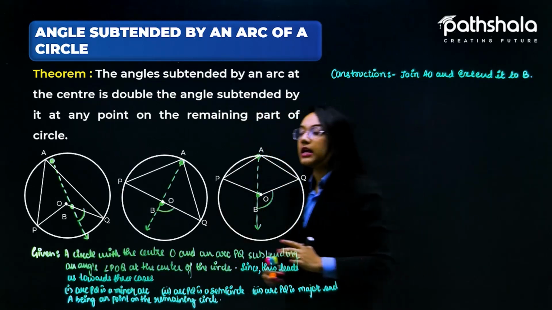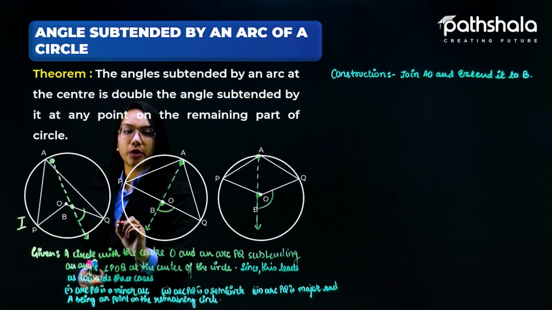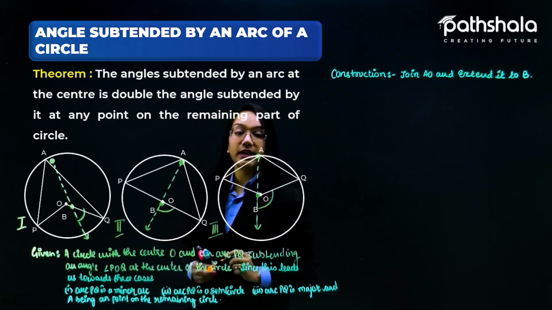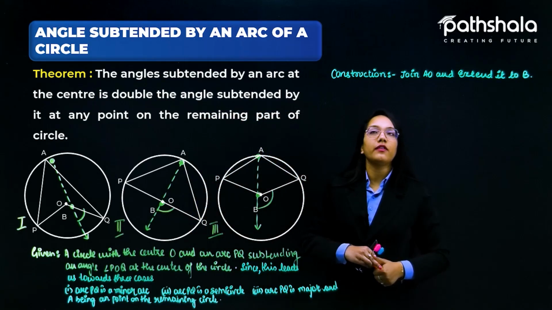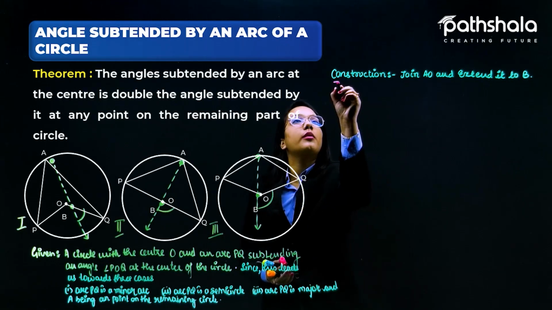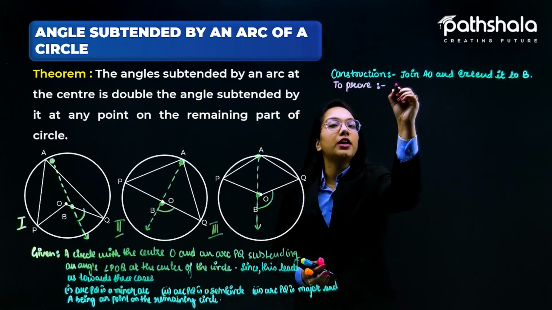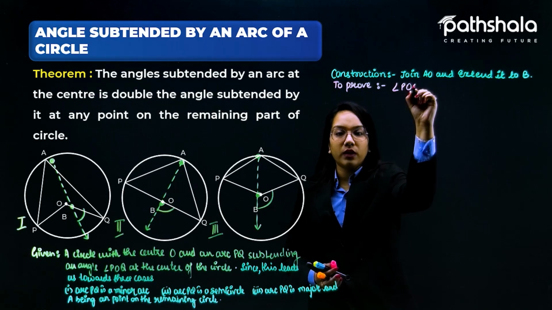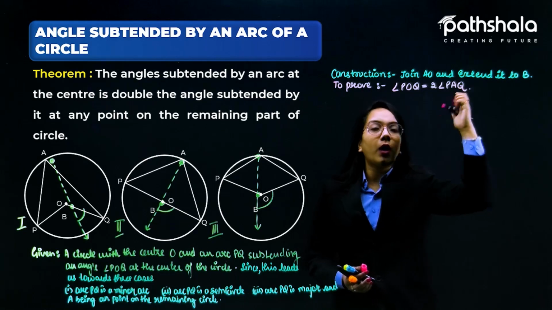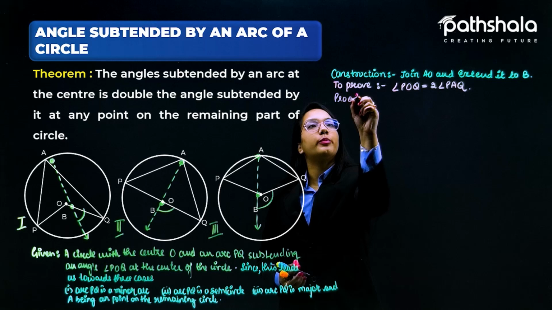In all the three cases, let us suppose this is case number 1, this is case number 2, and this is case number 3. Now to prove what we need to prove over here, we need to prove that the angle POQ is actually double the angle PAQ. In all the three cases, we just need to prove this thing. Now let's just start with the proof.